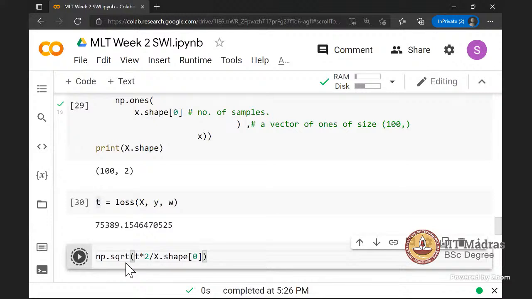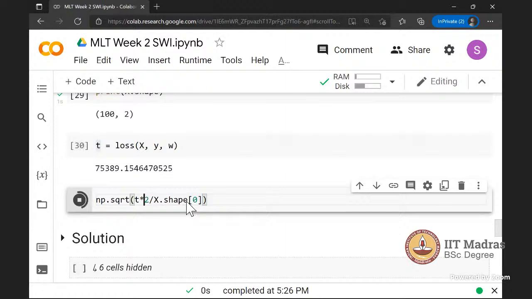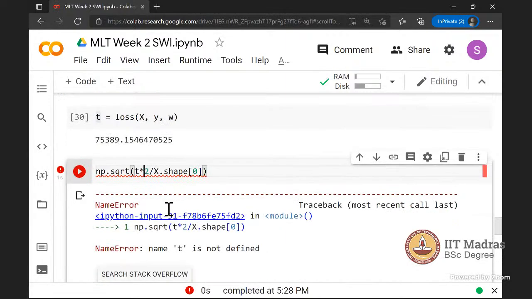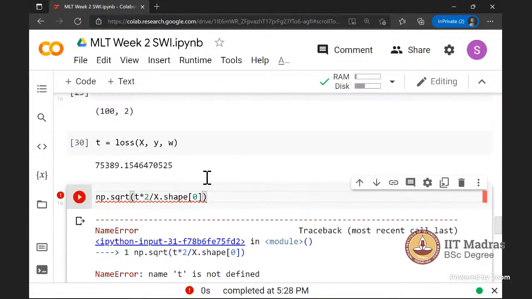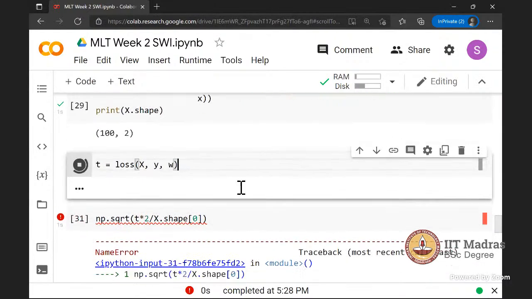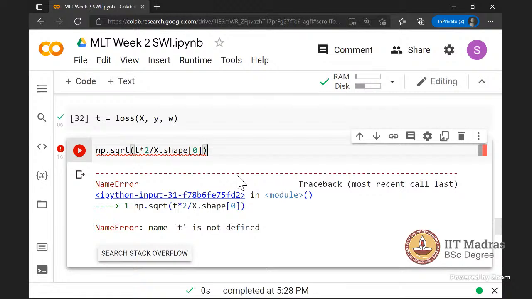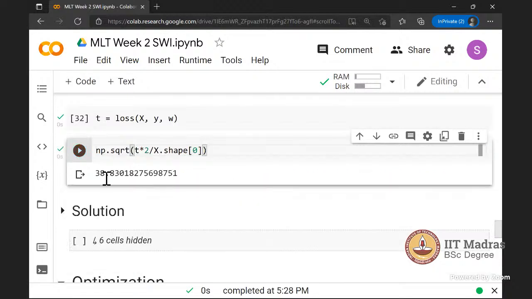Okay, let's execute it. Oops, there is some error. t is not defined. Why? Oh, yes, there it is. The reason I asked you to compute this RMSE is because we get a specific number.